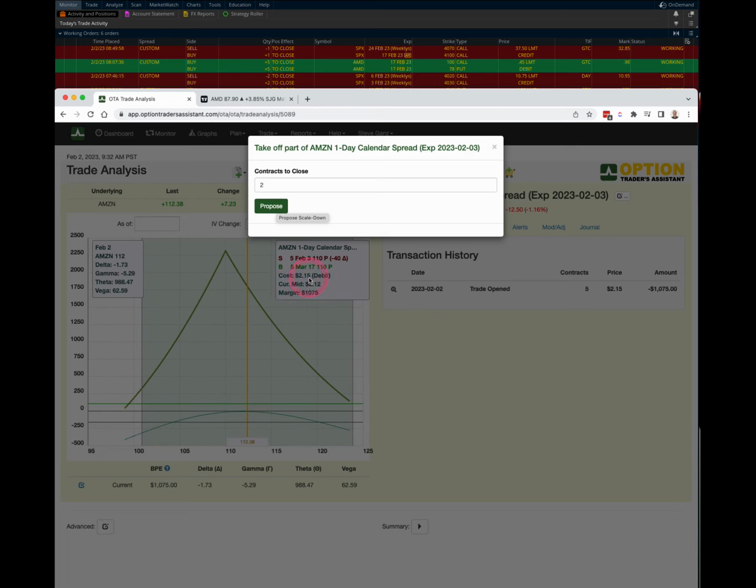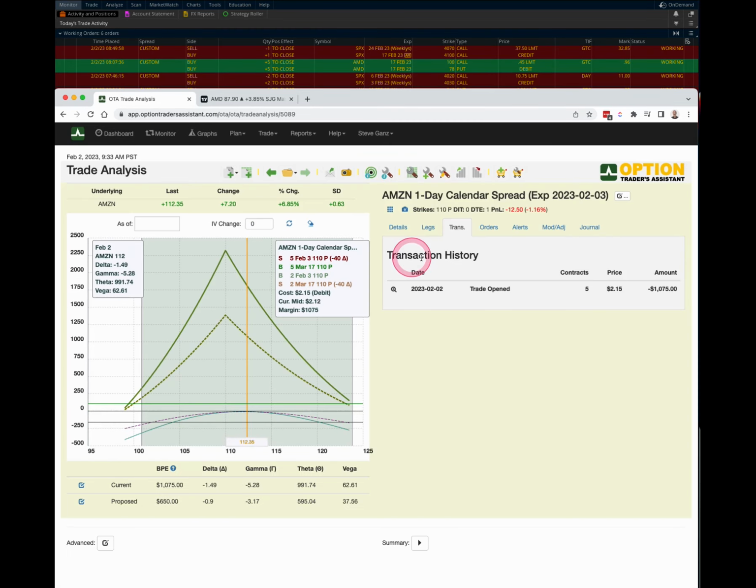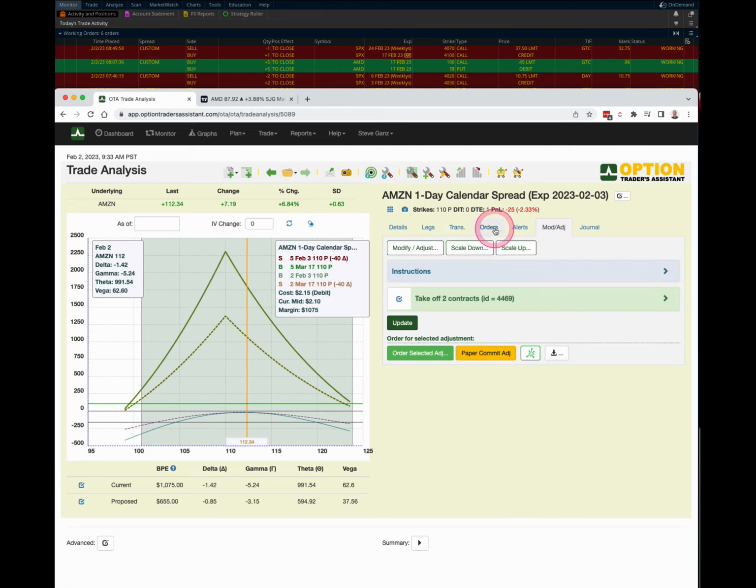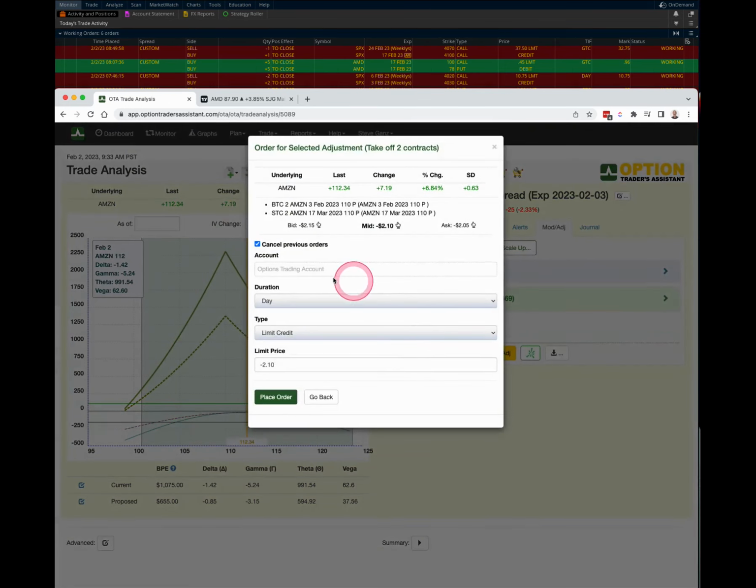So at 215, let's just call it 315. So we'll go ahead and order that selected adjustment. We need to do it as a GTC. We'll do it at 3.10. Place the order.